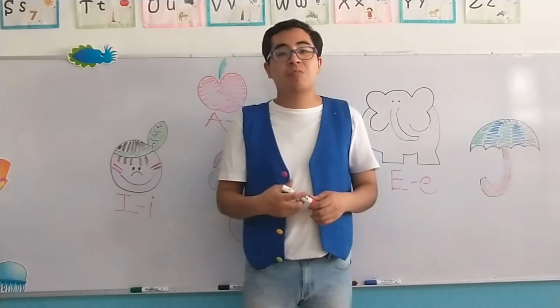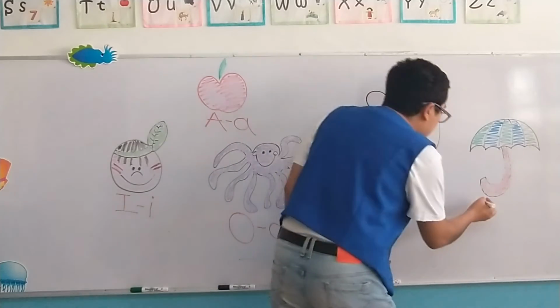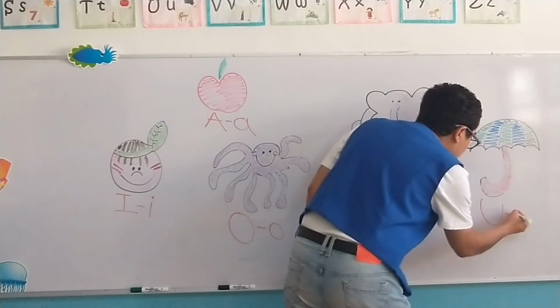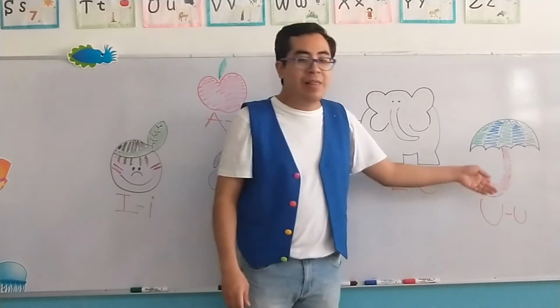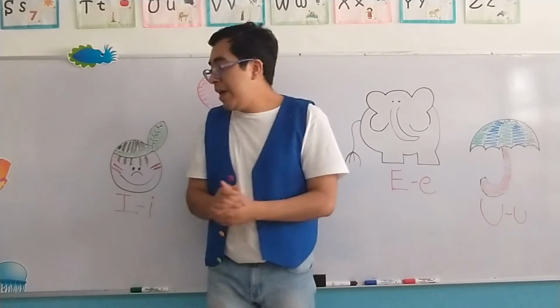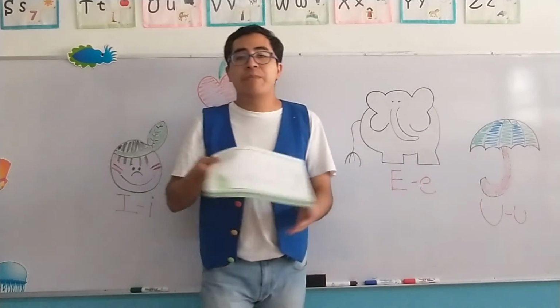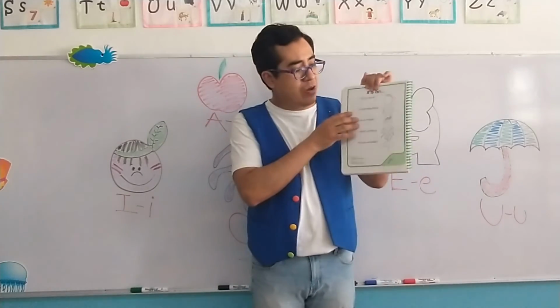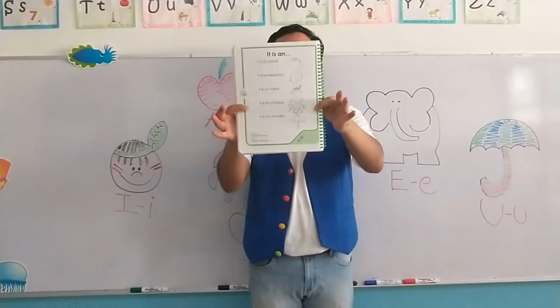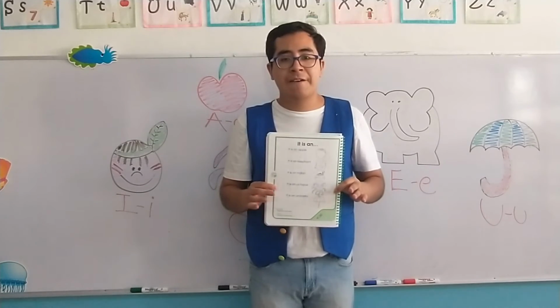Capital U, small u. Very good. Capital U, small u. So we have an umbrella. Now, the objects that appear in this additional exercise, once again, they are located right here in this page. Se encuentran en esta página.